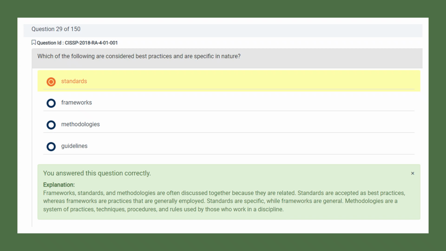Standards are accepted as best practices, whereas frameworks are practices that are generally employed. Standards are specific, while frameworks are general. Methodologies are a system of practices, techniques, procedures, and rules used by those who work in a discipline.